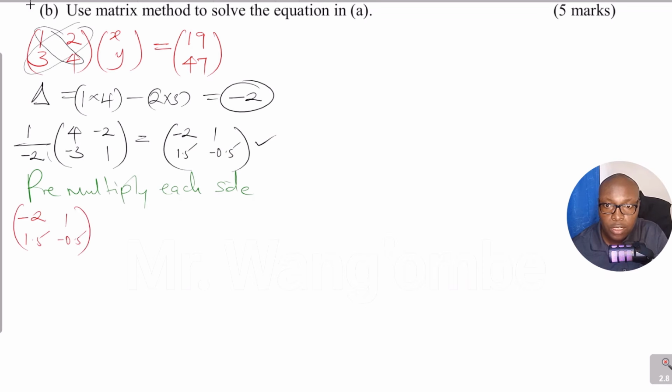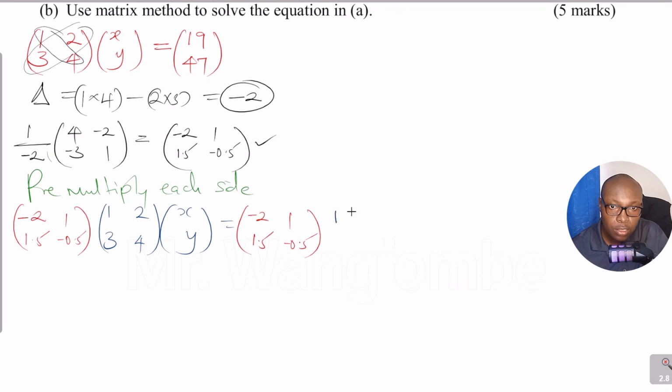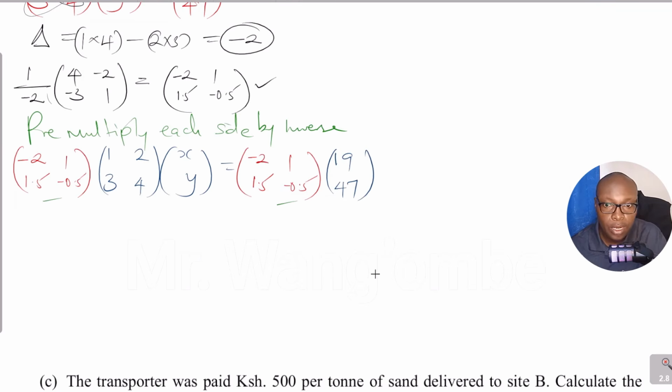So we have 1, 3, 2, 4, then xy is equal to, on the other side you do the same. The inverse is -2, 1.5, 1, -0.5, and then 19, 47. So that is what we mean by pre-multiplying each side by the inverse of the matrix. This step must be indicated for you to score the marks.